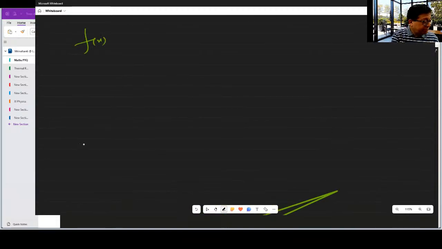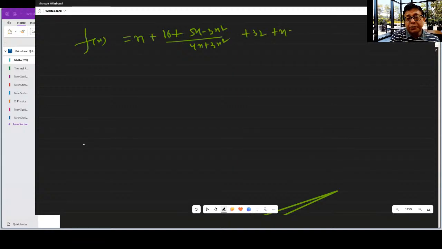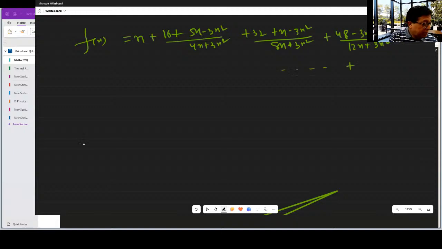This Fn was n plus 16 ... that divided by 4n plus 3n square, 32 ... plus 48 minus 3n, this divided by ... finally by 7n square.